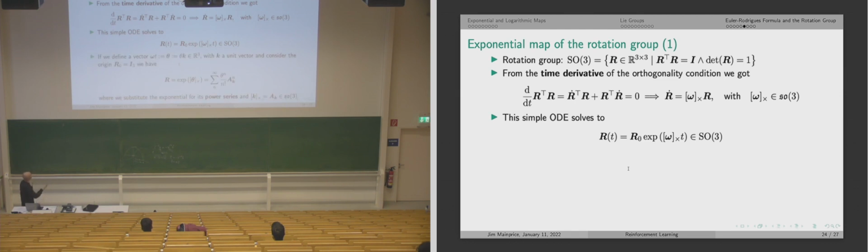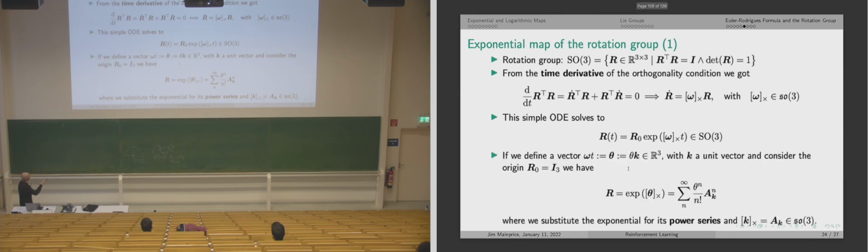Then if we do consider it at the identity, then R0 is the identity, and we can pose that omega t is equal to some vector in R3, with k a unit vector, and consider the origin.